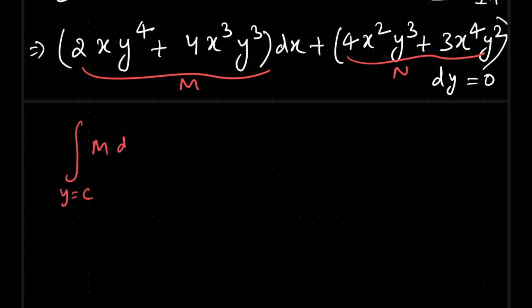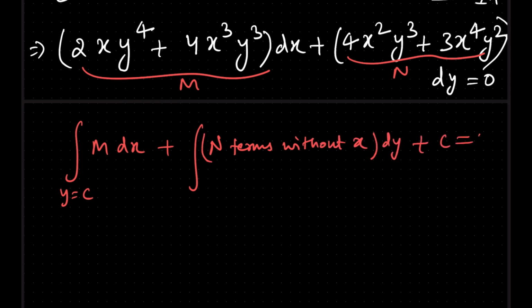So we know that we put y as constant, integral of M dx, this is our solution of exact differential equation. Then N terms without x, dy plus c equal to 0. So if you see, there are no terms of N that are independent of x. So here also you will get x, here also you will get x.